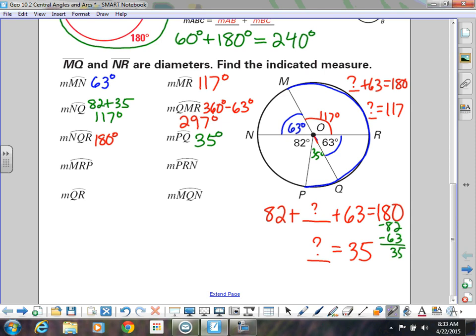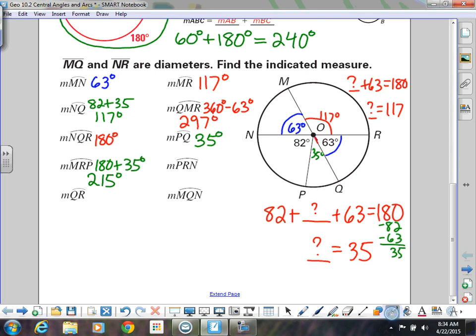So this is half of the pie, and then plus another little extra 35. So I'm going to do 180 plus 35. You could also do 117 plus 63 plus 35 if you wanted to. You should get the same answer, which is 215 degrees.